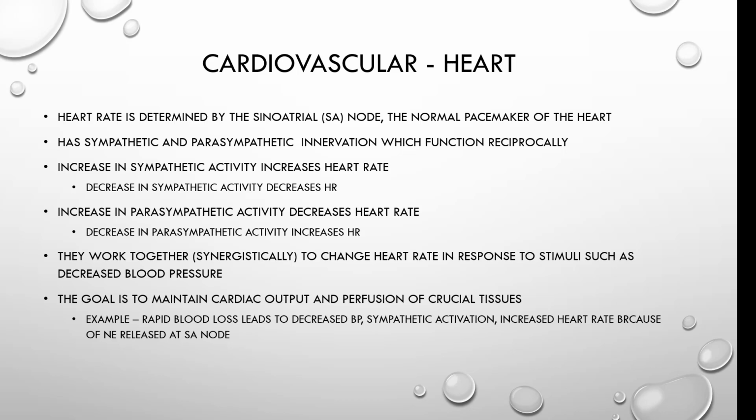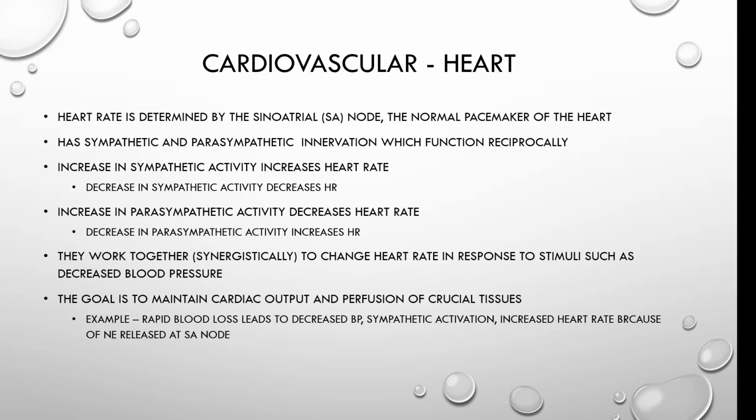There are nerve fibers from both the sympathetic and parasympathetic systems. The parasympathetic fibers here are coming from along the vagus nerve. The sympathetic fibers are coming through other nerves, and they function reciprocally. So, if there is an increase in sympathetic activity releasing norepinephrine at the SA node, the heart rate goes up, and a decrease in sympathetic activity results in a decrease in heart rate.